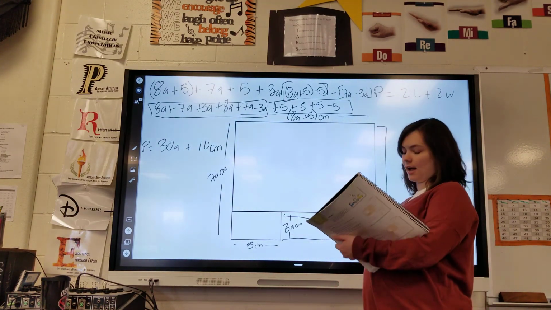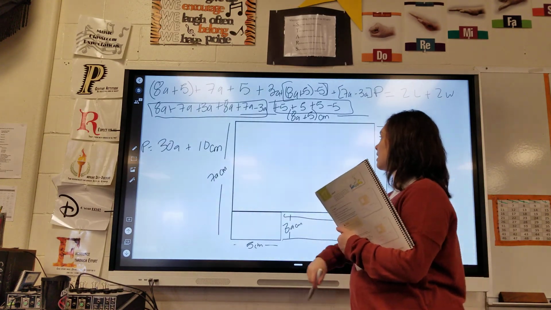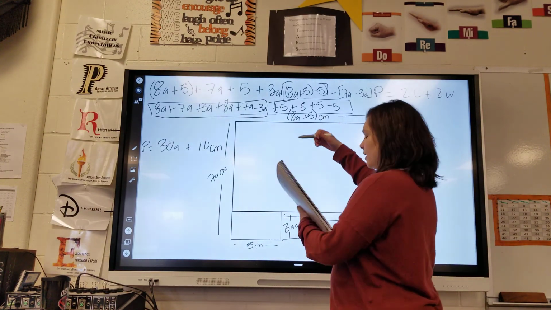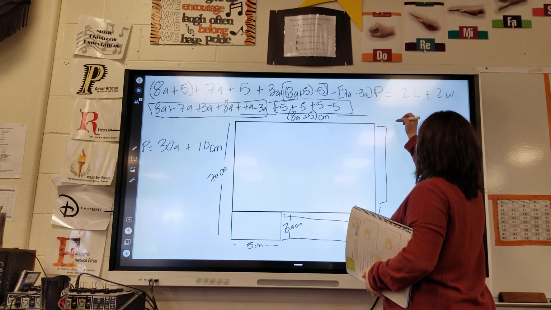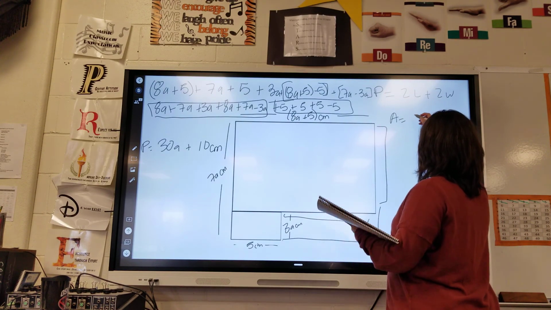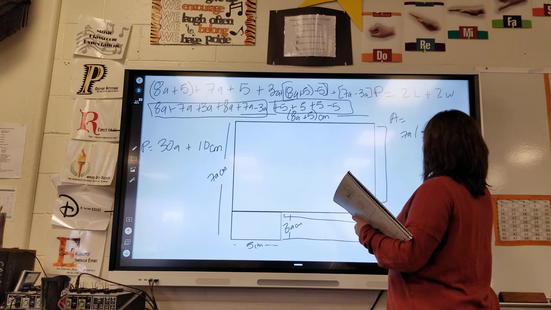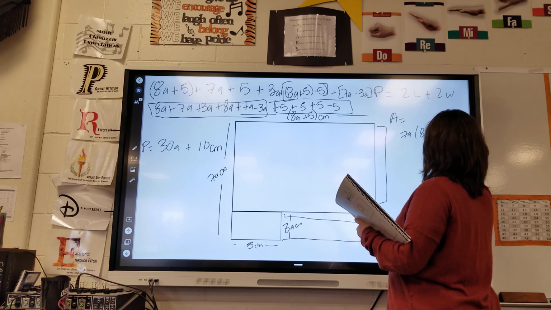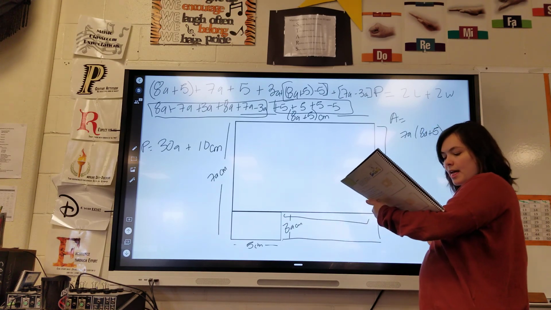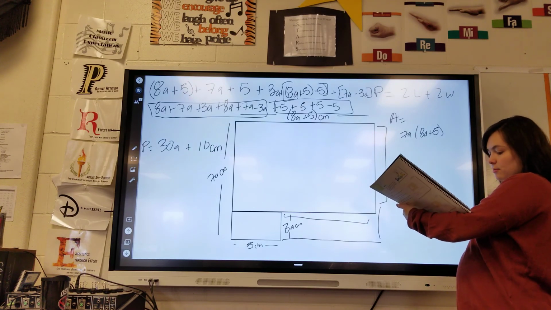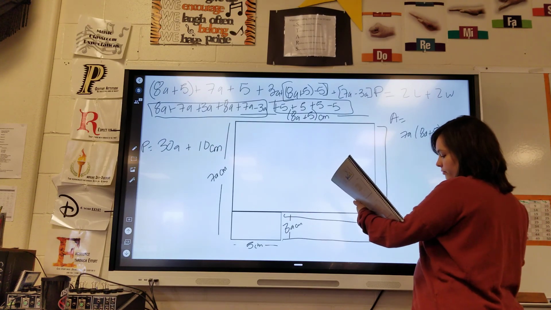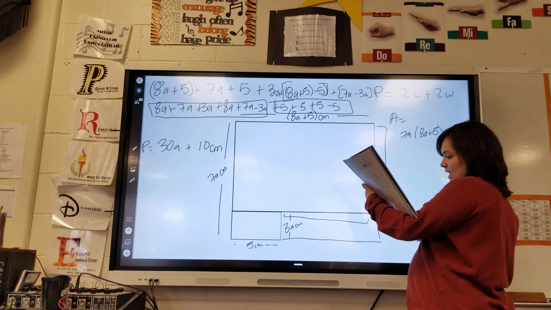We're going to punch this out at the end. So first I'm going to take this length and this width and multiply. So we're on area now. 7a times 8a plus 5. That is going to be subtracted from 8a times 3a.